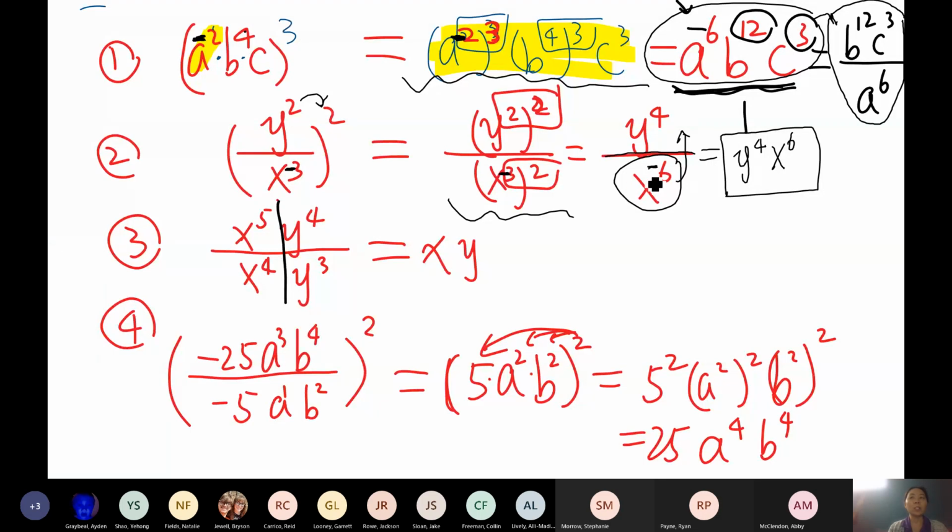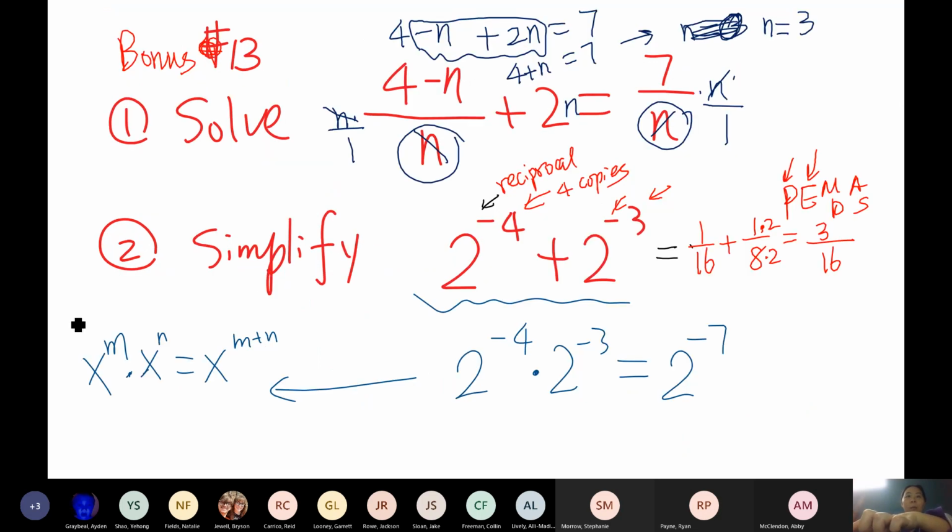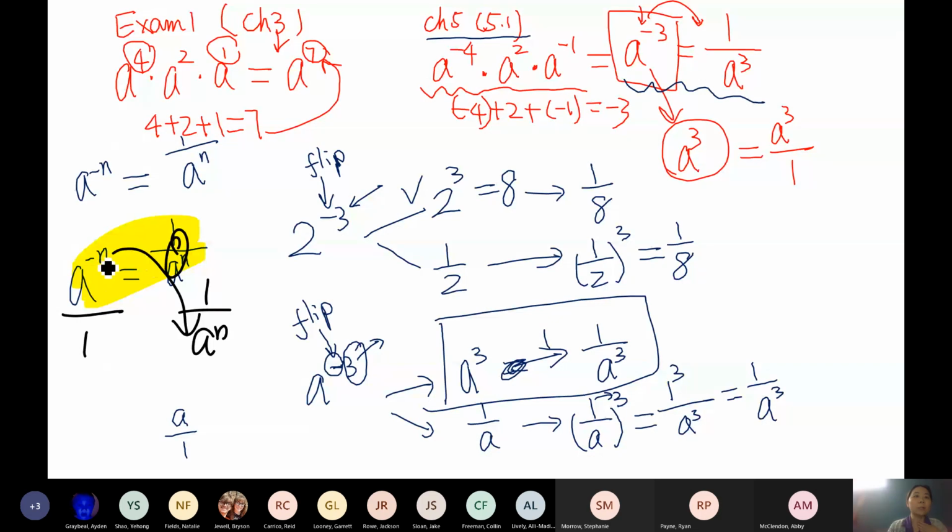Any questions? I don't know if everybody understands this part of flipping here, because previously when we flipped, it was like a to the negative n, you flip to the bottom, right? But what if you have 1 over a to the negative n? When you flip it, you will get it to the top because, like I said, these two are reciprocals of each other.